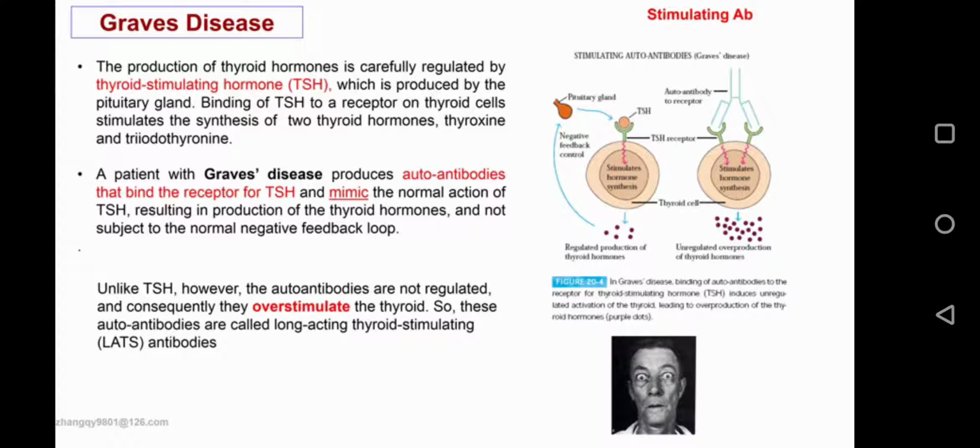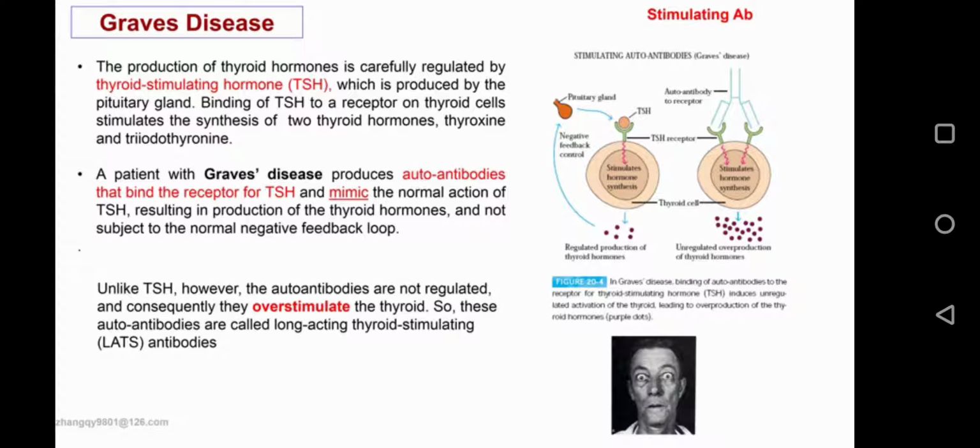But for the patient with Graves' disease, we can see they have an antibody, and this antibody binds to the receptor, so the antibody mimics the TSH. So they will induce the thyroid cell to produce a high level of thyroid hormone, right?